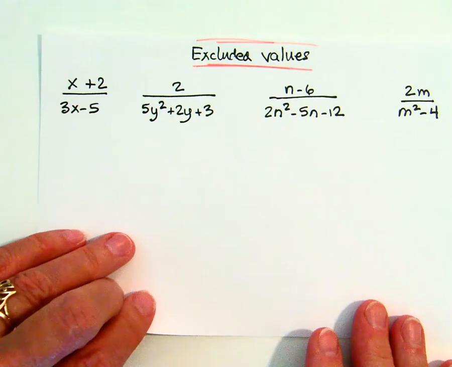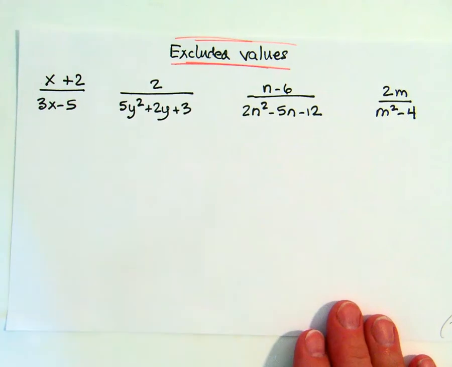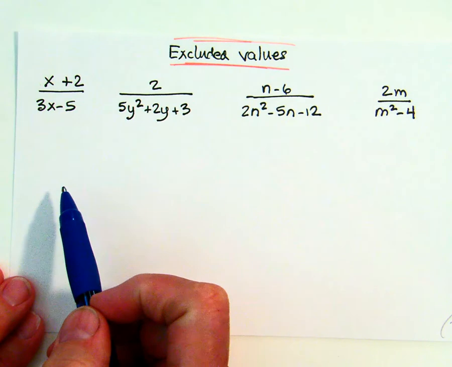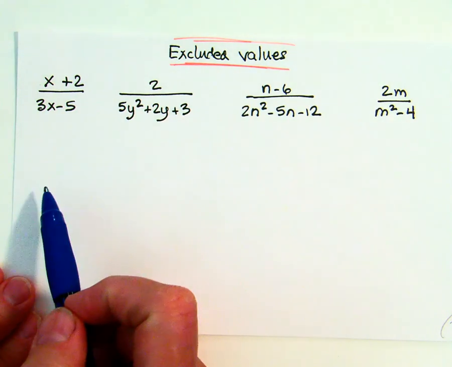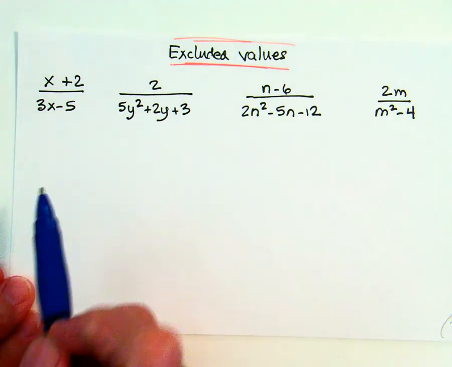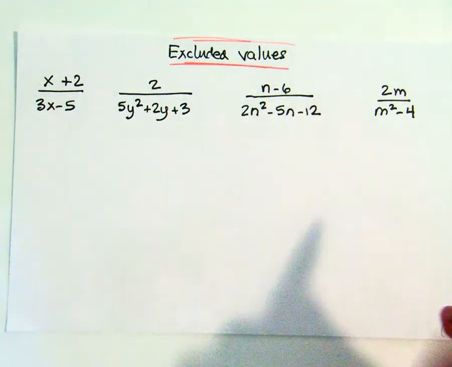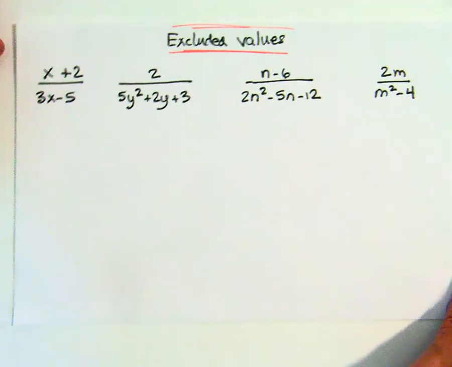Okay. Let's look at a few of these and see how that works. Let's work through some and see how it goes. Okay, the excluded values are the values that the variable can't be. That's what I mean when I say excluded values. Okay, so let's look at this one.